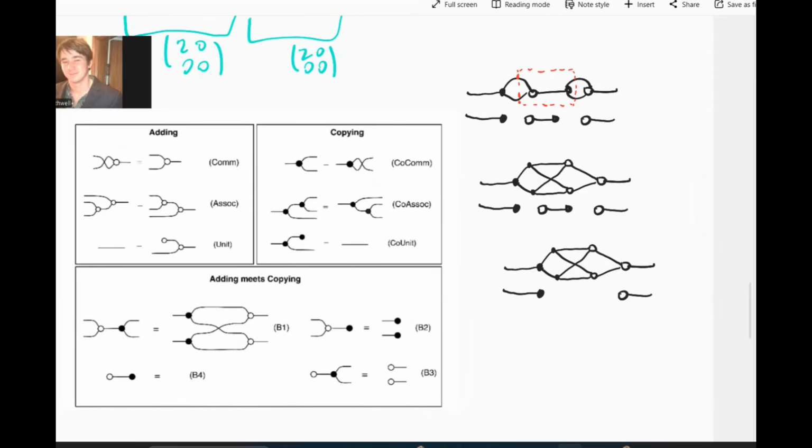That's just a bit awkward. And in fact, we can get rid of that by applying these kind of equations here. So in particular, if we have a look at that region there, we see that it basically looks like this. And so we can apply this equation here.